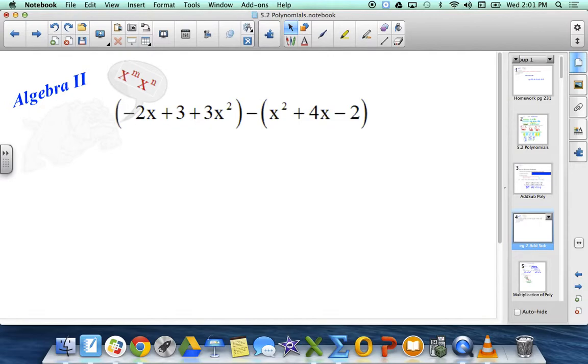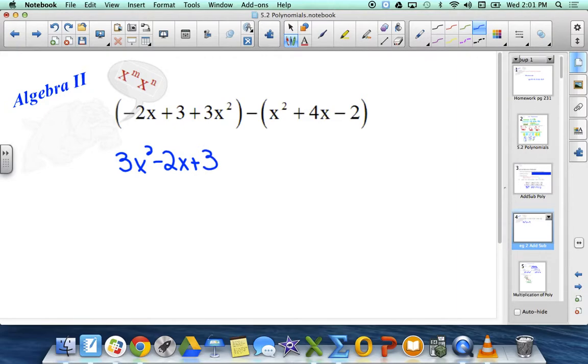All right, so up here I have negative 2x plus 3x squared minus x squared plus 4x minus 2. So we have 3x squared minus 2x plus 3.